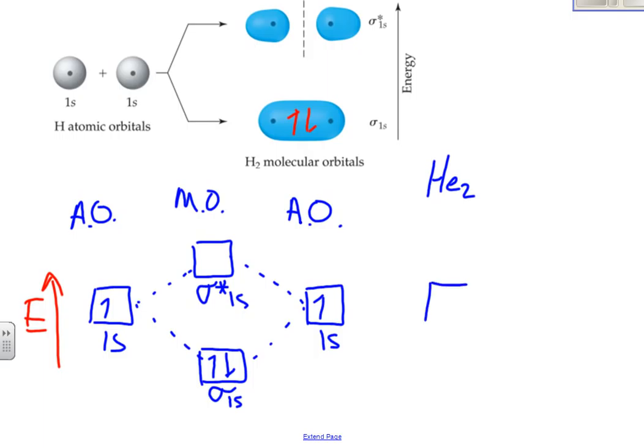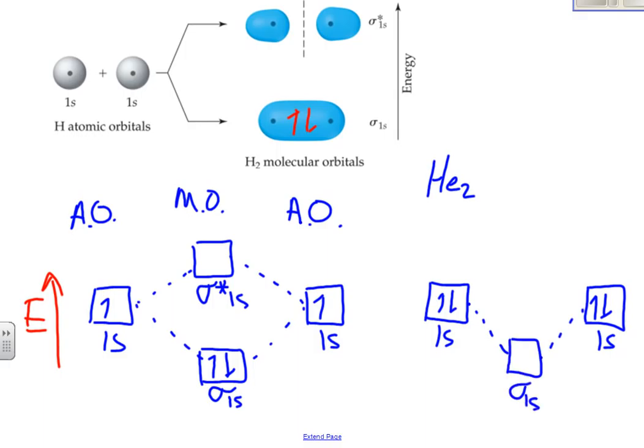Well, if we took the atomic orbitals, and so the 1s on each of the heliums, and we looked at the linear combination, and we created a sigma 1s bonding orbital and a sigma star 1s anti-bonding orbital. If we go to put the electrons in here, we have 4 electrons to place, and we put 2 in the bonding, 2 in the anti-bonding.